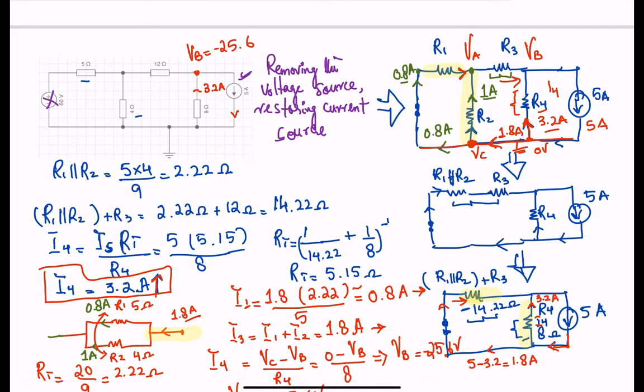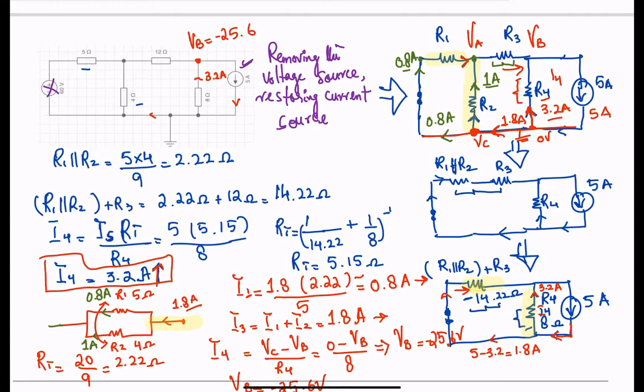We had 1.8 amps going in here. This was 1 amp, this current over here was 0.8 amps, and this was again 1.8, because the current entering the node was 0.8 and 1, so that gives you 1.8 amps.